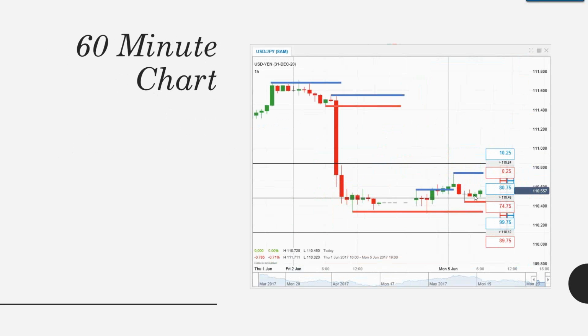Now, this is your 60-minute chart. You can also see on the 60-minute chart, this was your low. It came back to test the low, and it formed a reversal bar. Again, this is one of the reversal bars. It's not perfect, but what does the bar tell you in itself?